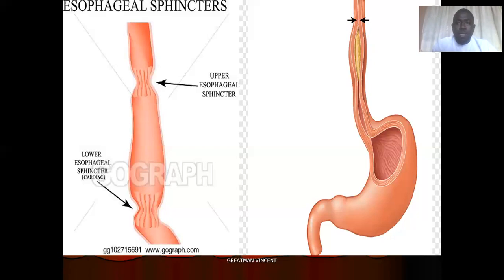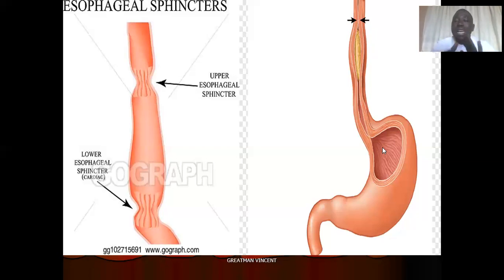So these are the regulatory mechanisms. It is these sphincters that make sure that at the end of the day, food does not just come out anyhow. When food gets into the lower esophageal sphincter, it will also open, and the moment this lower esophageal sphincter, which is also called the cardiac sphincter or the gastroesophageal sphincter, opens, food will now get into the stomach.